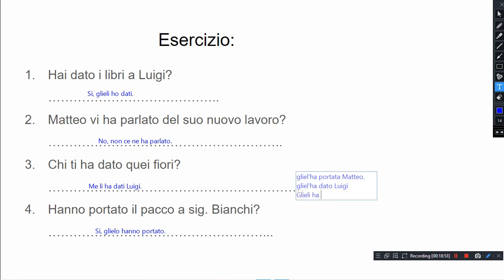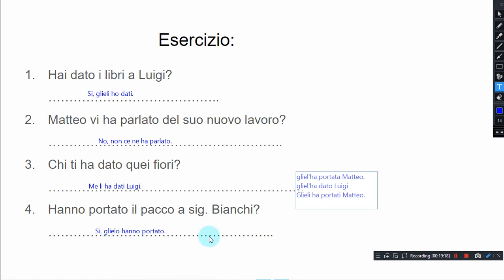Li ha portato, li ha portati Matteo. Here, when it's in the plural form, we cannot use the elision, and the last letter of the past participle has to agree with the direct object pronoun in gender and number.